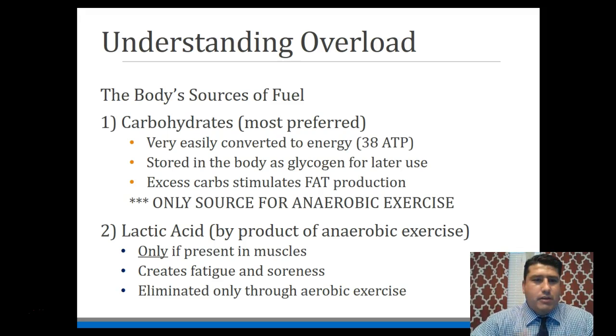Okay, so in order to understand that, we're going to first look at the body's sources of fuel, so that you start to understand how the body uses the nutrients that are located in the body, and then you'll be able to understand how the body uses those fuels in order to produce energy and lose weight. Okay, so there are 4 different types of fuel sources.